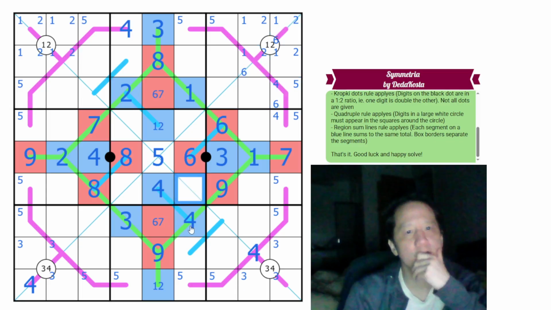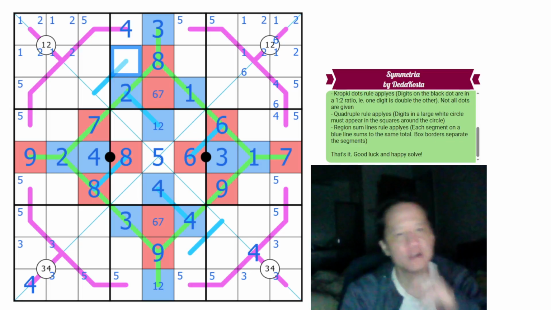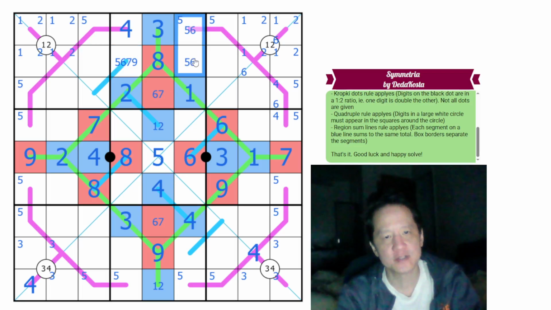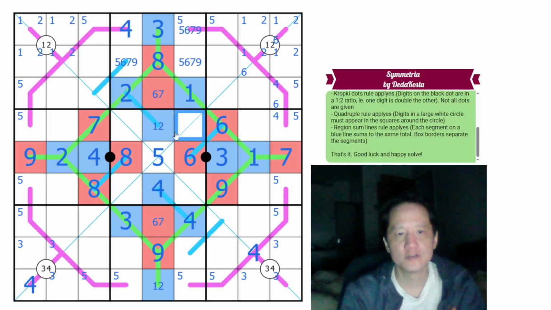What else do we know? This cannot be 1, 2, 3, 4, 8. So this is 5, 6, 7, or 9. And this is 5, 6, 7, or 9. Oh, this has to be a 2 because of this 2. So this is the same.